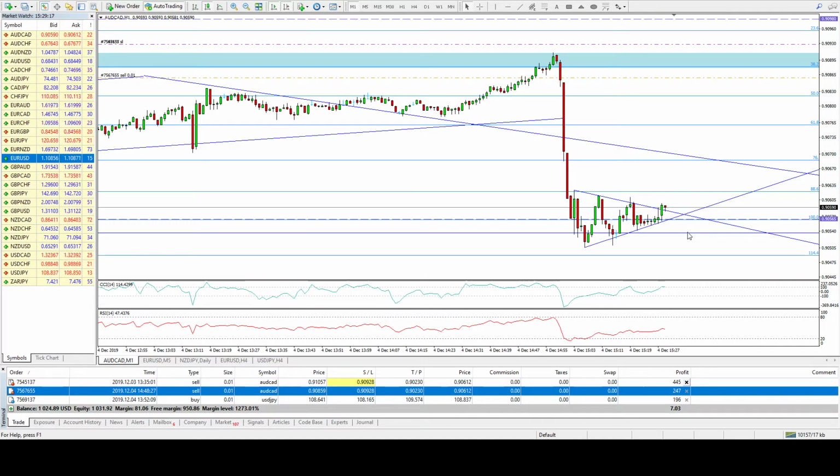It looks like it is. Buyers are trying to push this up, but sellers are very determined to go lower on this.